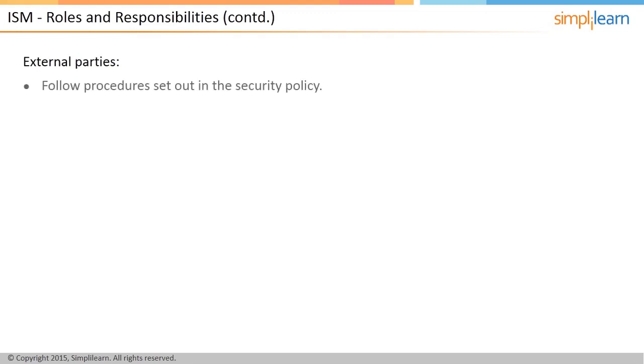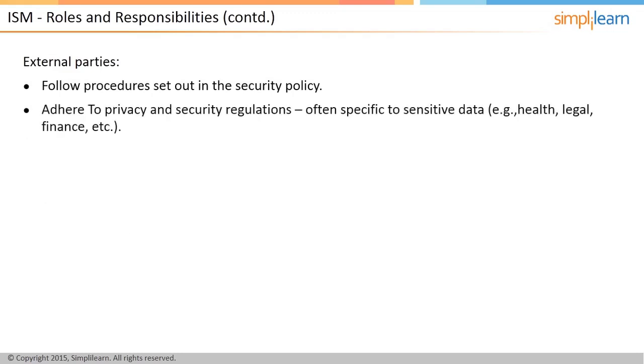External parties follow procedures set out in the security policy. They adhere to privacy and security regulations, often specific to sensitive data, for example, health, legal, finance, etc. The Information Security Administrator is a staff-level position.